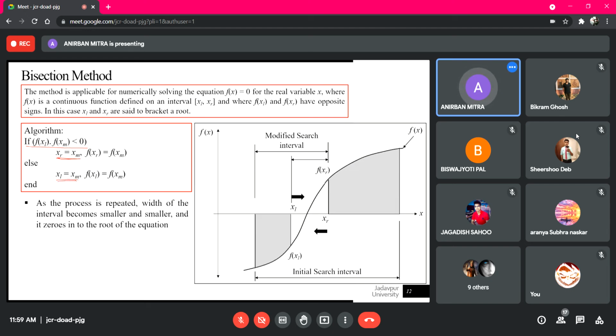But at each iteration, one of the sides is moved towards the solution. As a result, in each iteration, the width of the search interval gets halved. It becomes smaller and smaller so that it approaches the root in the middle.